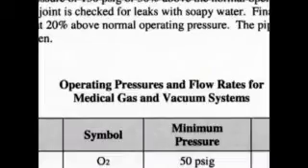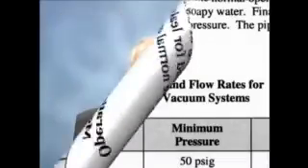Medical gas and vacuum systems. Now, it's quite likely that on the state exam you'll see a few questions in regard to this subject. So we want to take a careful look at this. Read that first paragraph on your own. On the second paragraph, let's highlight the first sentence. Medical gas systems must be piped with approved seamless type K or L copper tubing.